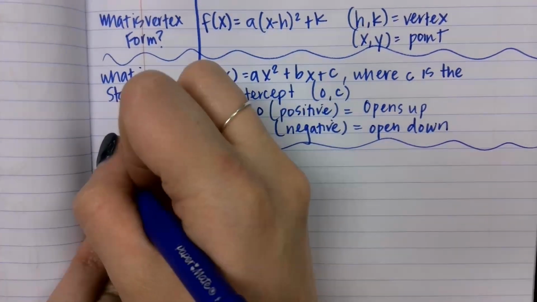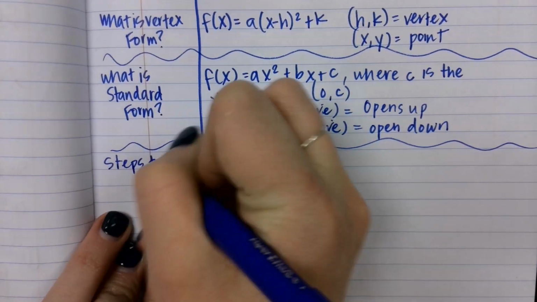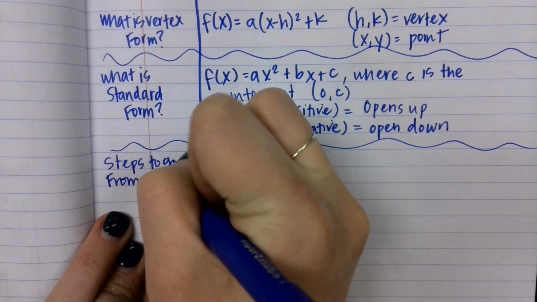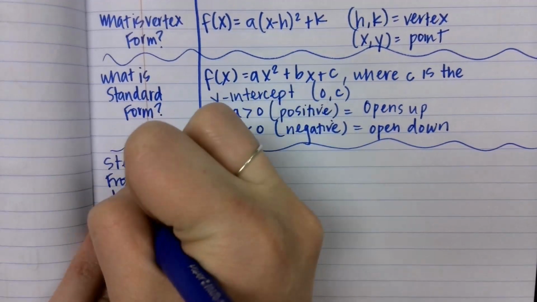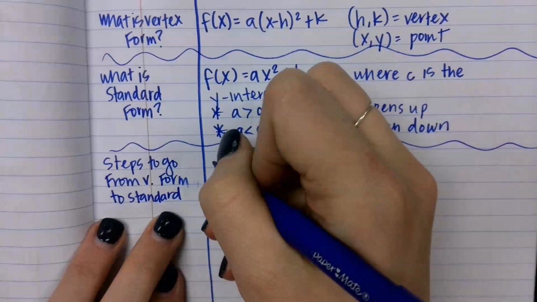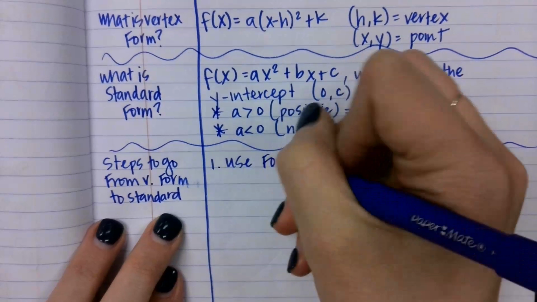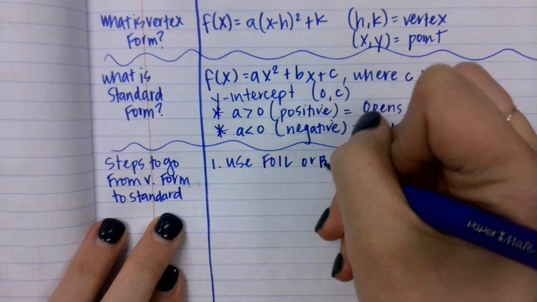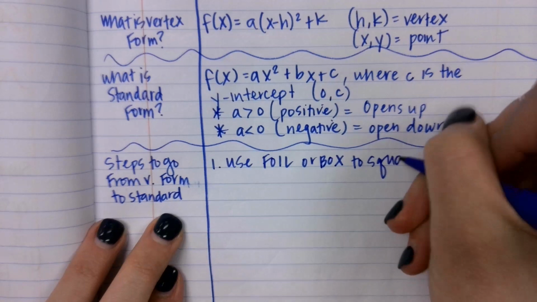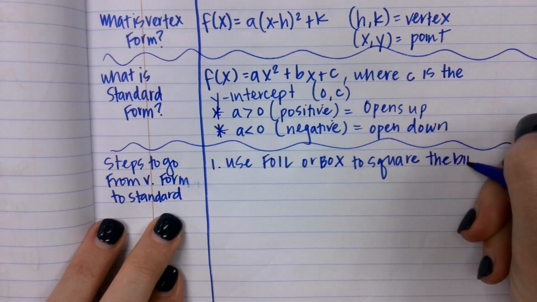Final notes are steps to go from vertex form, or V form, to standard form. First step, use FOIL or box to square the binomials.